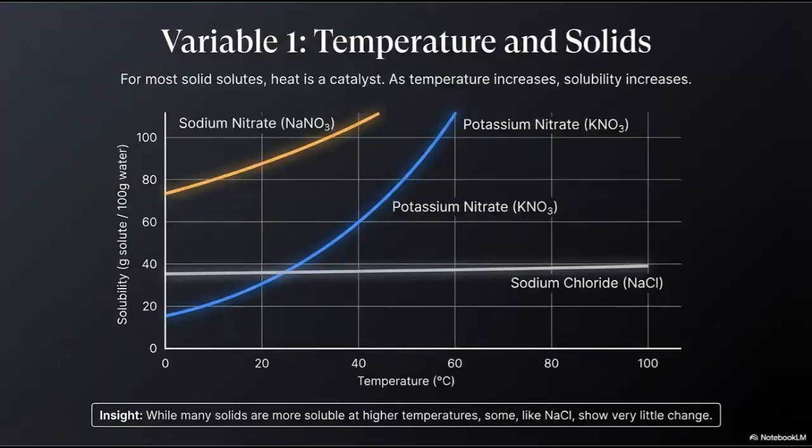Because we can create these graphs that are called solubility charts, where you graph the solubility versus temperature. You're going to create these lines in there. When you do that, solubility increases with temperature because temperature allows for more solid to dissolve.